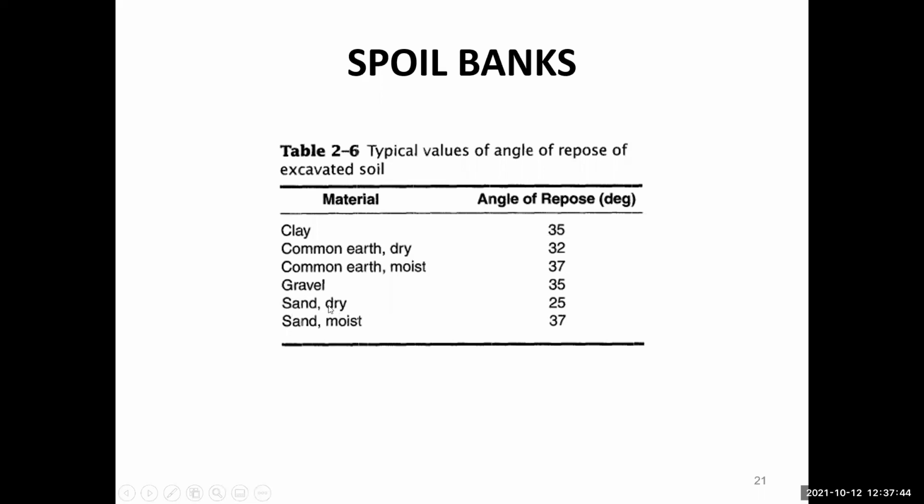But sand in the dry condition will have a lower angle of repose. So you can see that the ability of the soil to stand in its natural state changes, with angles between 20 and 30 degrees for sand. The sand in the moist condition will also have some angle of repose as well.